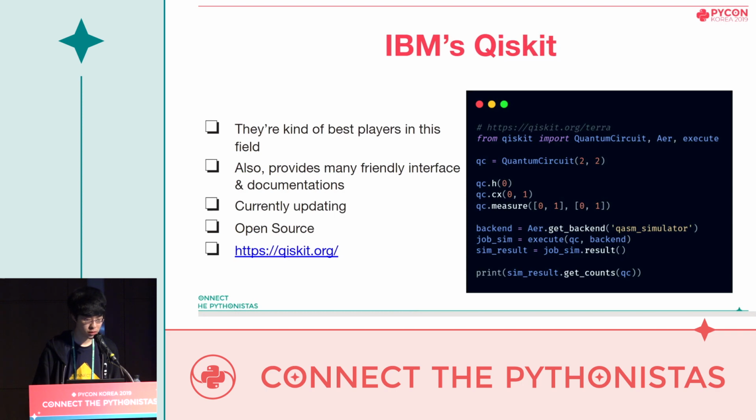But just don't forget, since this field is actively updating, sometimes even Qiskit is not stable enough compared to many other open source libraries. This is a natural thing because most quantum libraries these days are for scientific experiments and not for commercial use. Not for commercial use. I'm saying this twice since this is important.